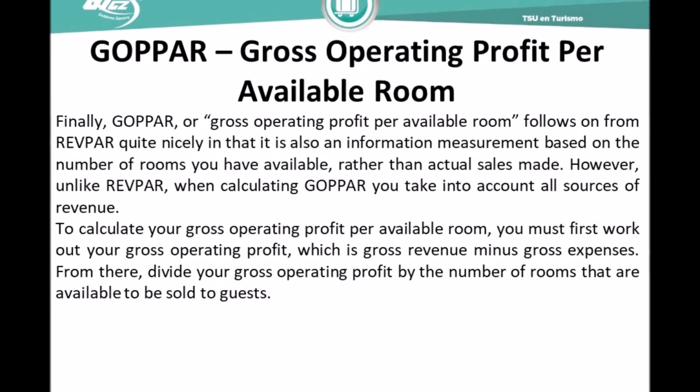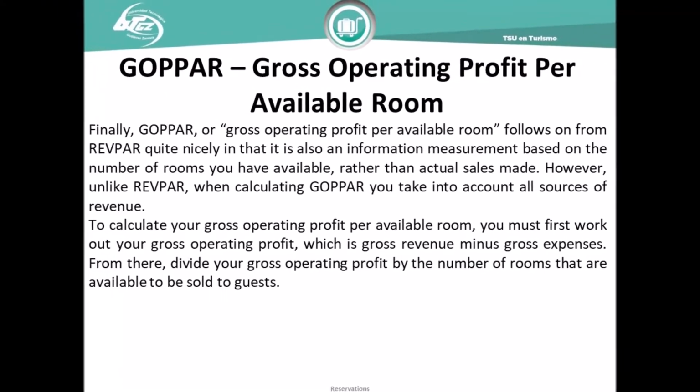Okay? Then we have the GOPAR. What is the GOPAR? It's the gross operating profit per available room. But what is the gross operating profit? The gross operating profit is the result of subtracting the expenses of those rooms from the revenue from rooms.